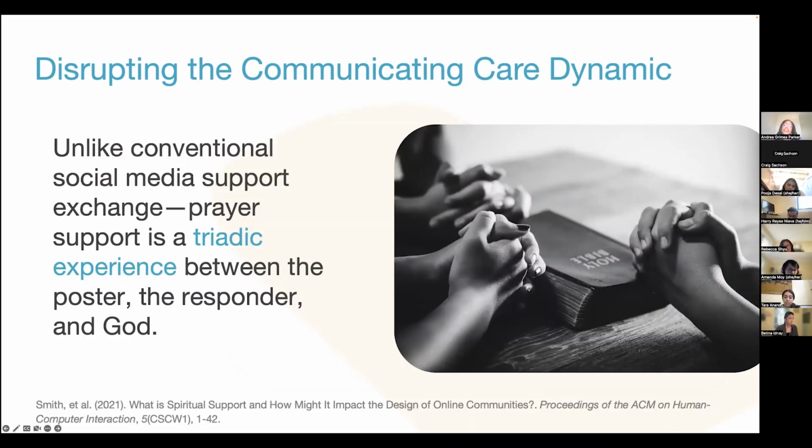Specifically, in contrast to social support exchanges on conventional social media platforms, Smith et al. define prayer support as a spiritual triadic experience that occurs between the person requesting prayer, the person or persons who respond to that request, and God. And thus, it is often not trivial when someone does not respond to a request for prayer. Instead, it can negatively disrupt a sacred spiritual practice.